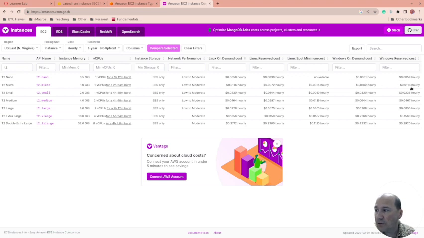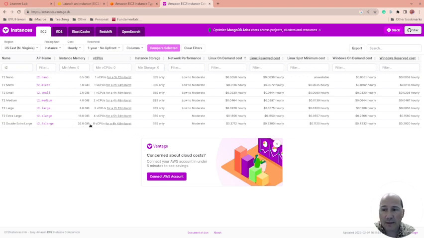Windows, here's the Windows cost for the on-demand and the Windows reserved. So this is pretty cool. By the way, it says hourly here, but realize they're billed by the second. So it's just divided by the number of seconds in the hour. And this is for a 1 gig memory with one virtual CPU.